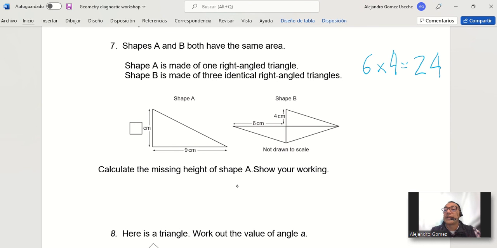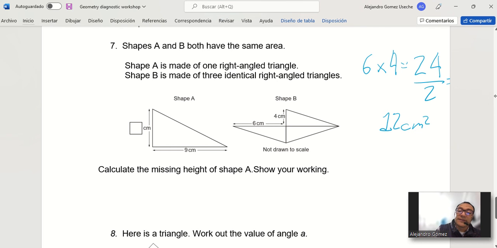Well, if we divide it by 2, then it is going to be 12. 12 what? Well, 12 square centimeters. Now it disappears because it is out of the paper. So let's say 12 square centimeters. And it has to be square centimeters because we are talking about area.